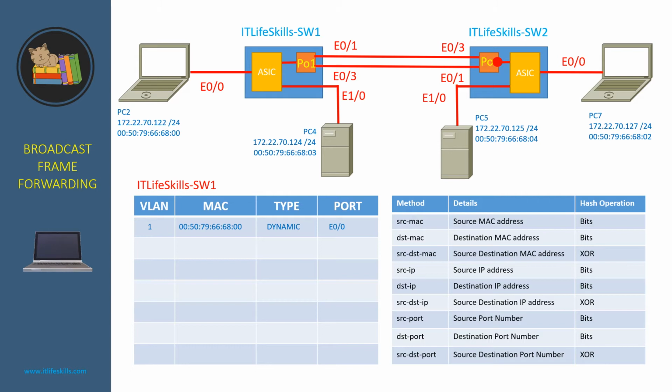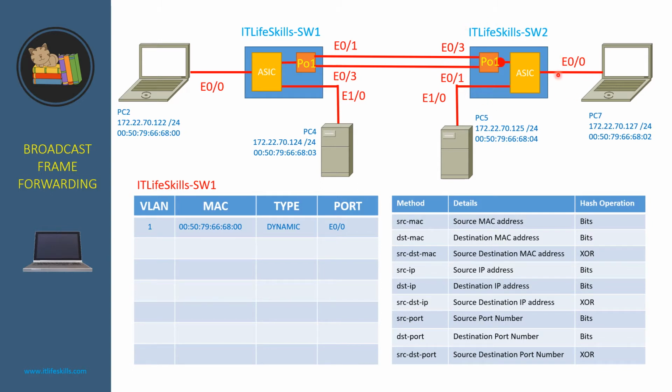The broadcast frame will be dropped by PC5 because this is not for PC5. When the broadcast frame reaches PC7, PC7 will respond with an ARP reply, which is a unicast frame.